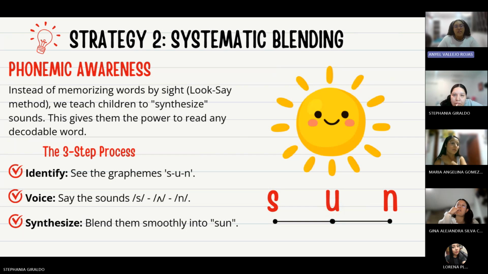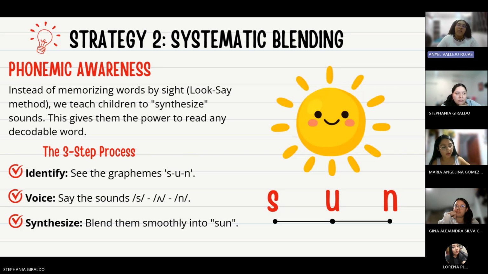And as a second strategy, we have systematic blending. Instead of memorizing complete words, students learn to combine sounds step by step. For example, with the word sun, students identify the graphemes, the letters S, U, N, and then pronounce each sound, and then blend them together to pronounce the entire word, sun.